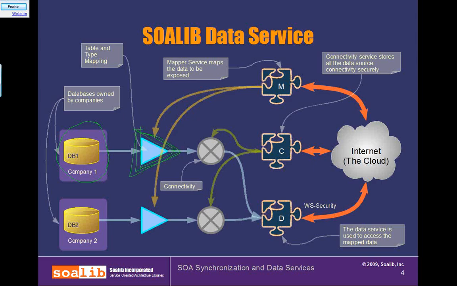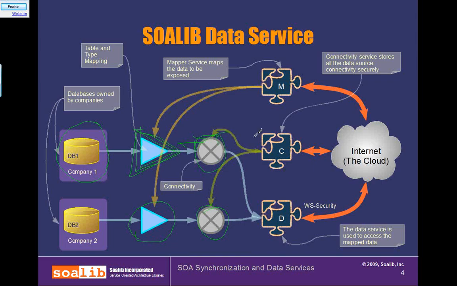Mapper limits the user and also limits the number of columns that somebody is going to see when they are sharing the data. And this circle here with the cross is the connectivity. This shows that this connection is read-only. For each database there is a mapper and there is connectivity information.